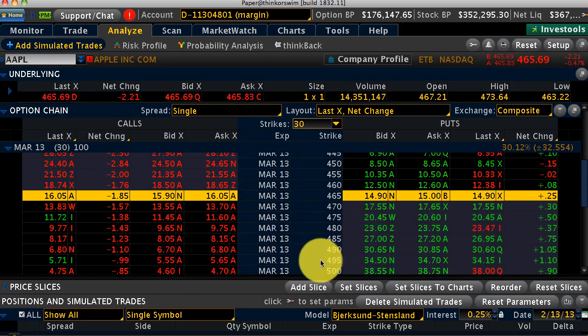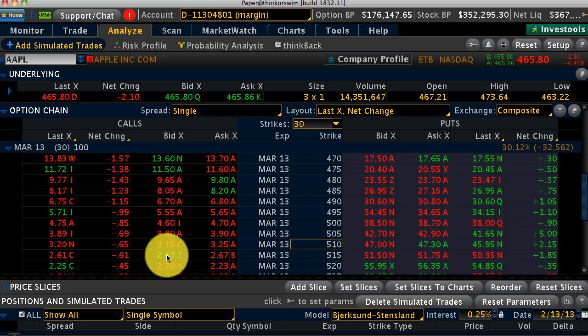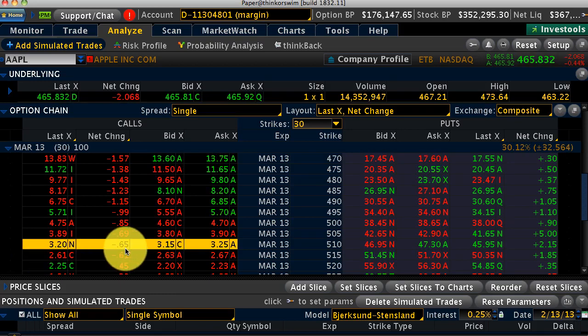But let's look at the 510 call because that's what we looked at. In the call example case, it was going for about $3.90, but now it's decreased by 65 cents today because Apple has gone down. But the 510 call is out of the money. However, the 510 put is going to be in the money.